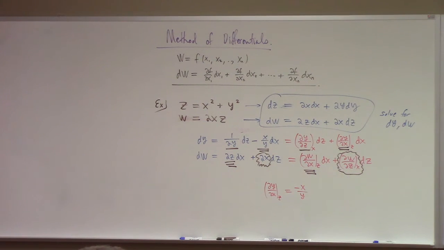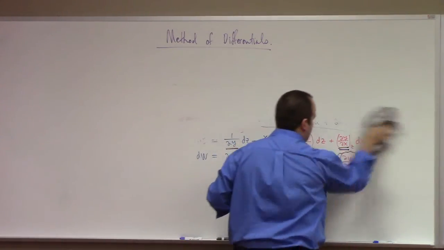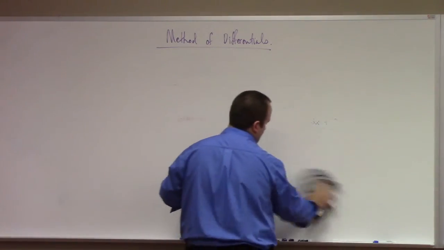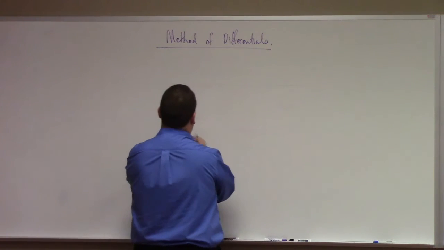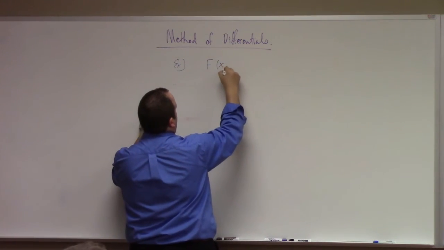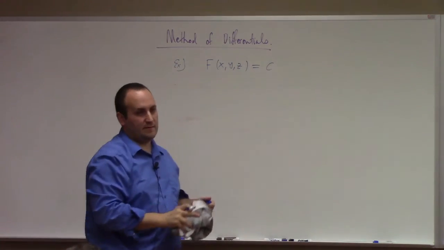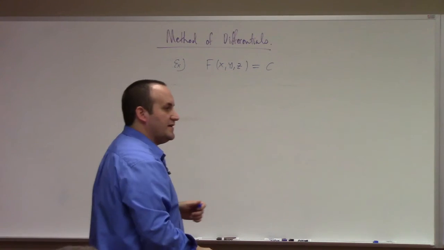Let me show you an easier application of the method of differentials. Suppose we have a function, a level surface, right? So you might have f of x, y, z equals a constant. If I was to take the differential of that, what would I get?